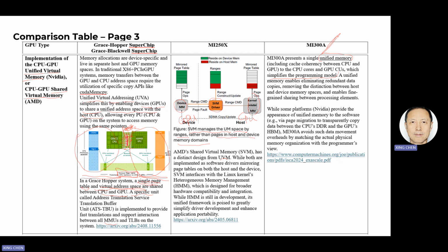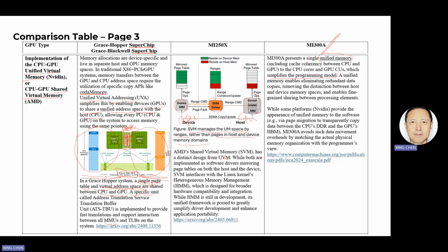We have seen this because basically you have only one memory hierarchy. So it's physically unified. And then in the system, you are going to have one page table, one translation service from the virtual address to the hardware address. Because you have only one memory hierarchy, you don't have two. You don't need to manage two. You have only one.